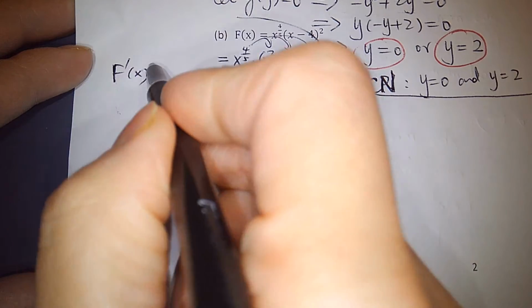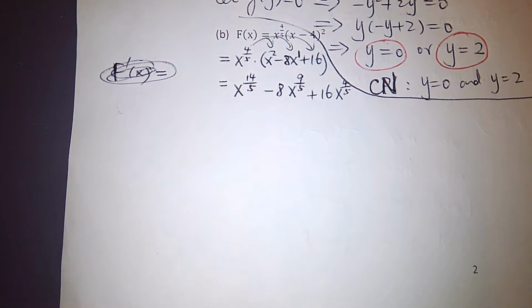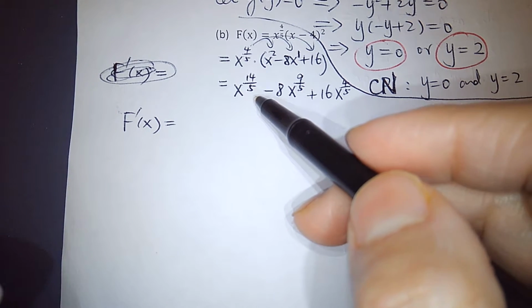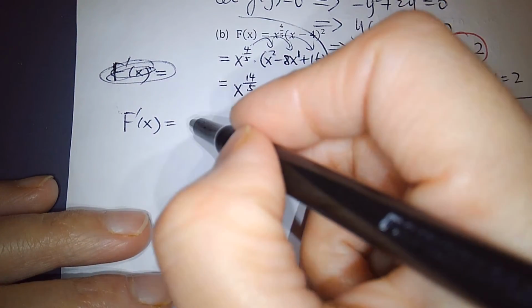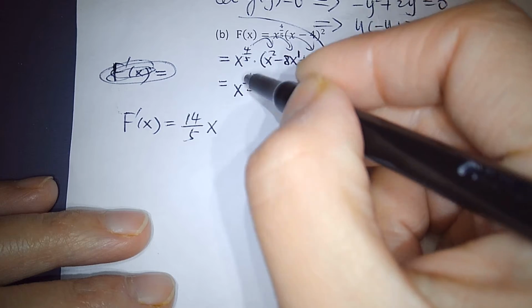Now I'm going to compute the derivative, okay? I'm going to write it here. Okay, so the derivative of f is going to be, use what? Power rule, right? So power rule tells us 14 over 5 x to the what?